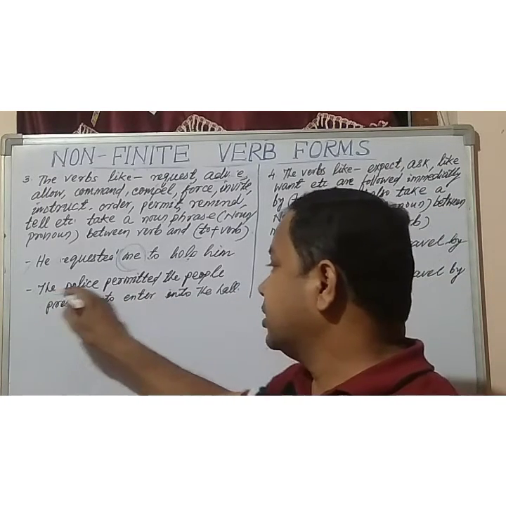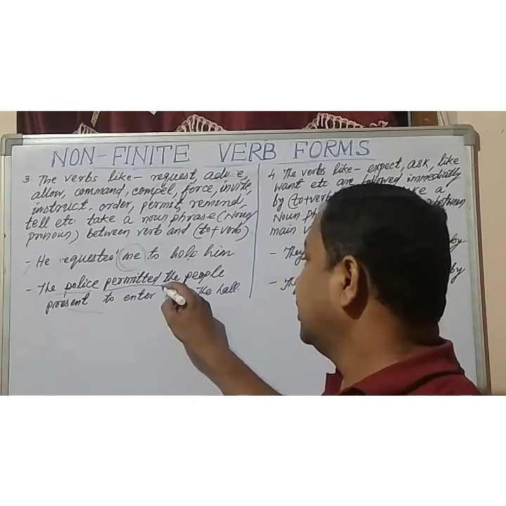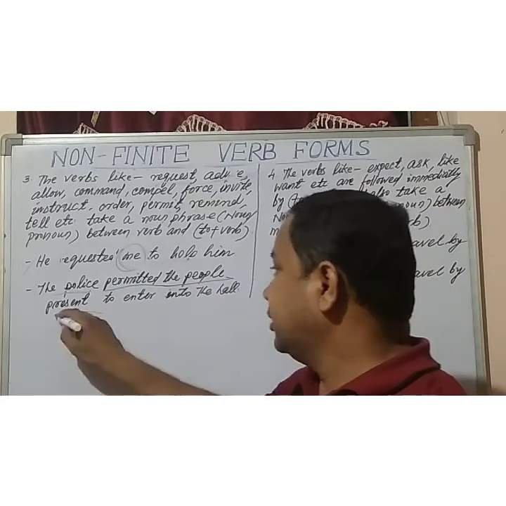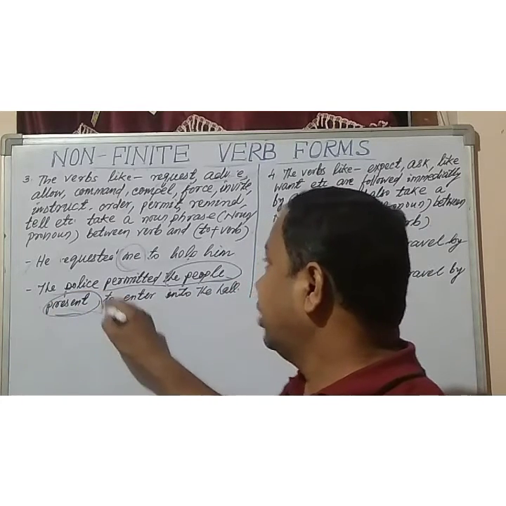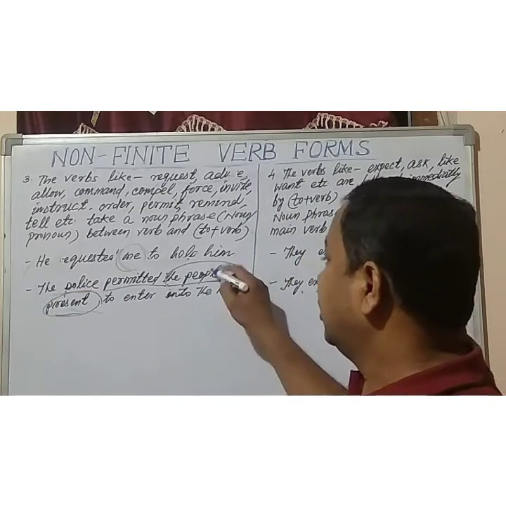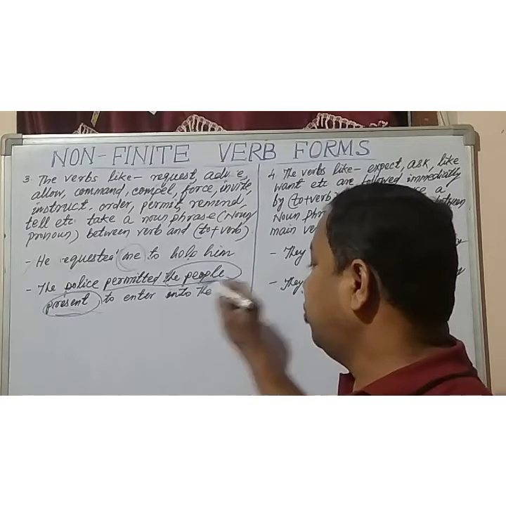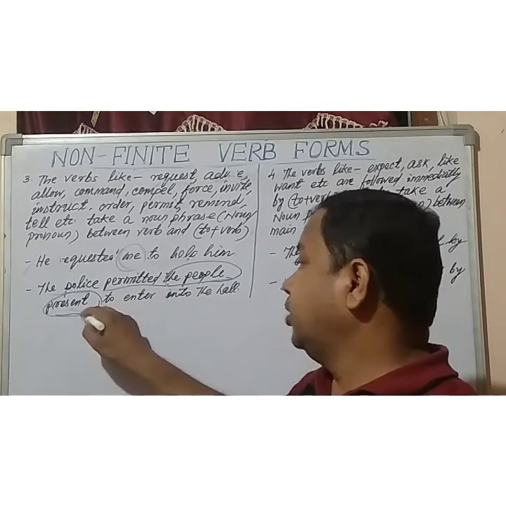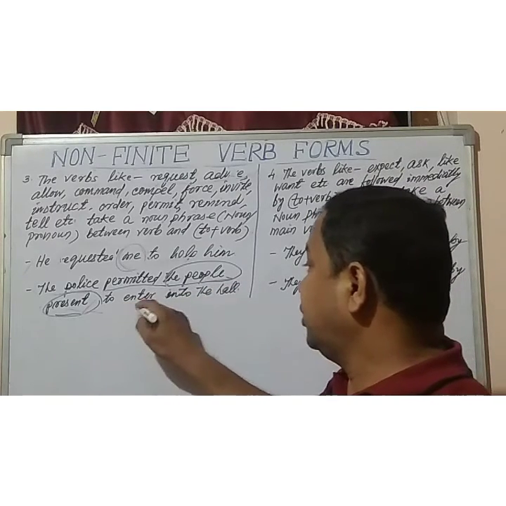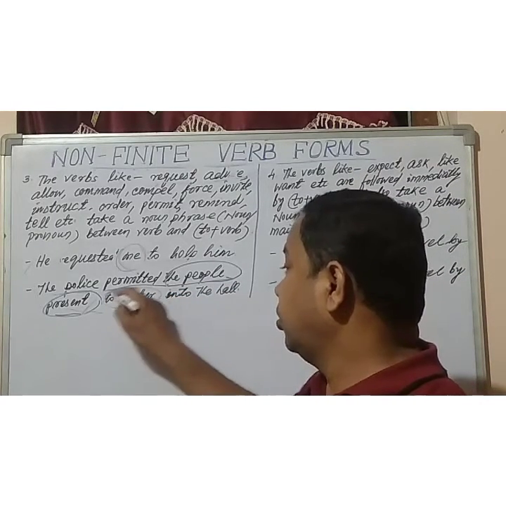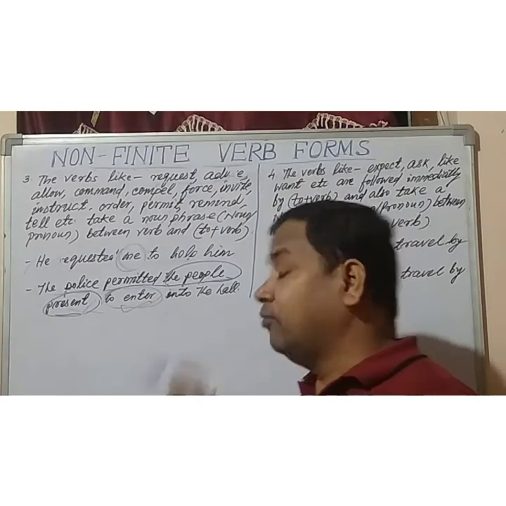The police permitted the people present. The people present is here your noun phrase. Okay, the head noun is the people, and present is your adjective. So to enter is your non-finite verb.